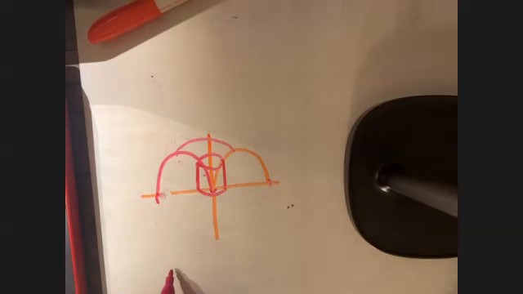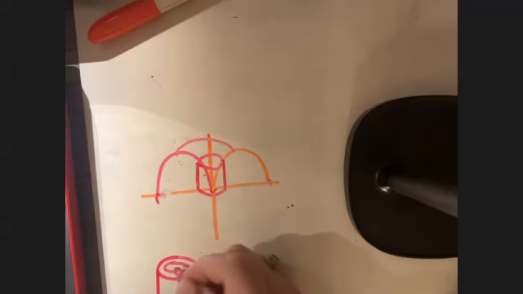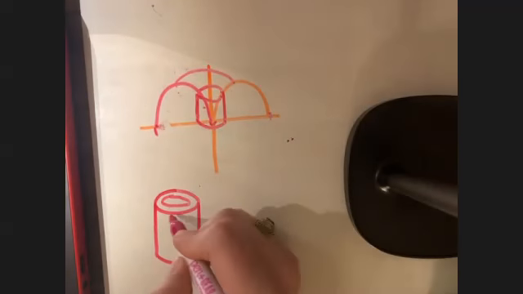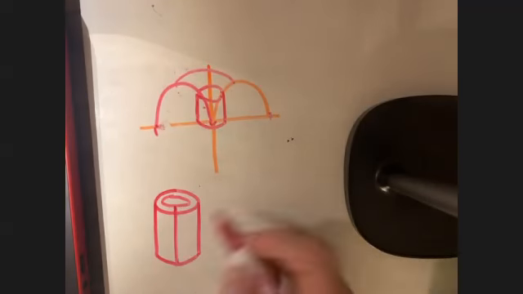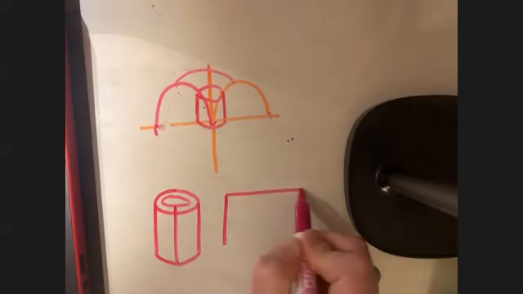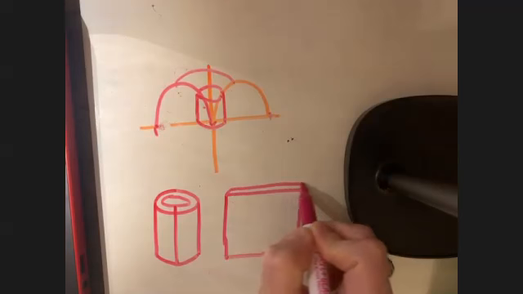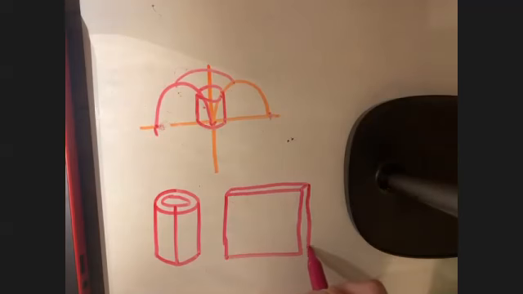Now, the concept here is that if I have this cylinder, I'm going to draw it like this, so it's got a hole in the middle. If I slice this thing open, I basically have a rectangle.